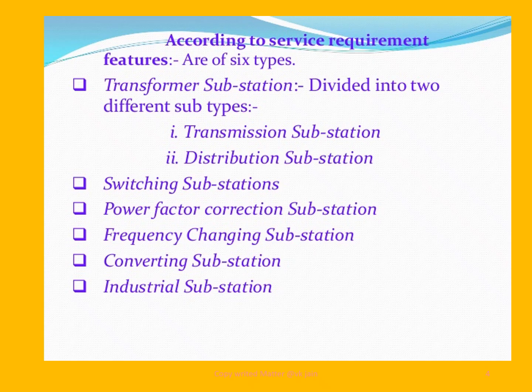Third, the substation can be for switching purpose only. A substation can be a power factor correction substation. The substation can be a frequency changing substation. Another category is converting substation. Next is industrial substation. Industrial substations are mostly beyond 25 kVA. So these are the classifications.